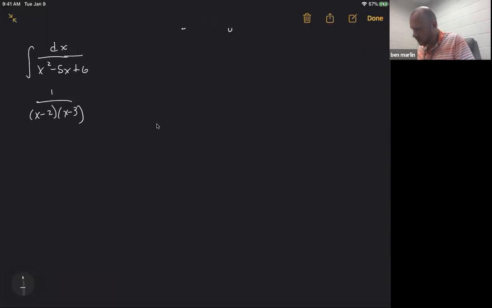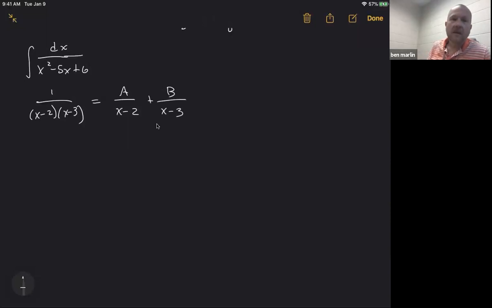Okay, so if you have distinct linear factors, no repeated factors, no quadratics, you set it up as a over the first factor and b over the second factor. I'm going to show you first a technique that always works.